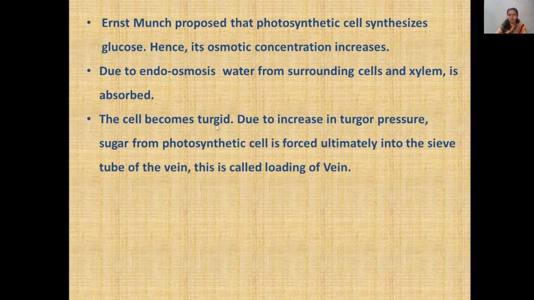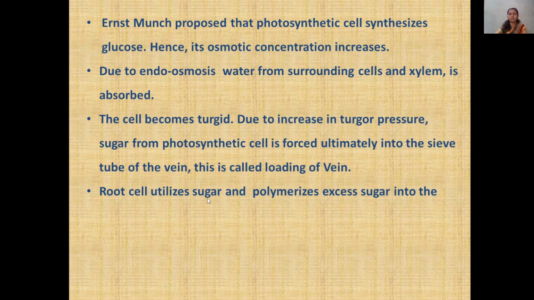The cell becomes turgid. Due to the increase in turgor pressure, sugar from the photosynthetic cell is forced ultimately into the sieve tube of the vein. This is called loading of the vein.